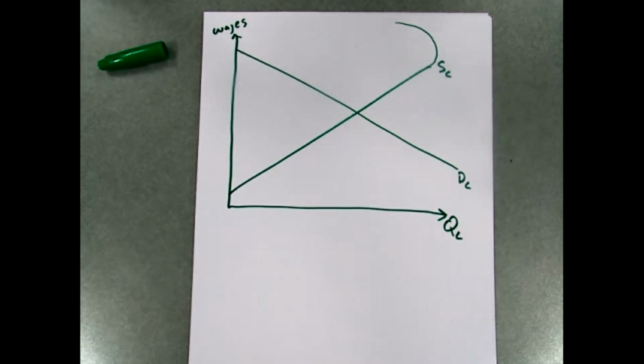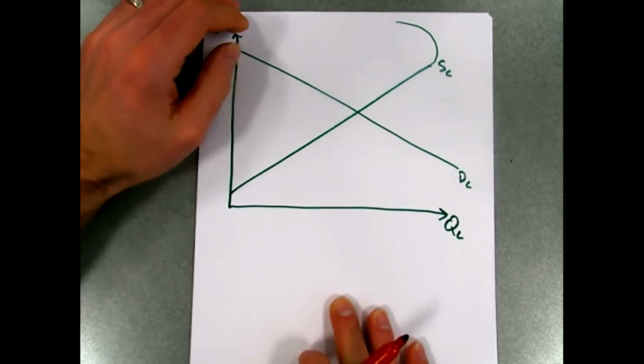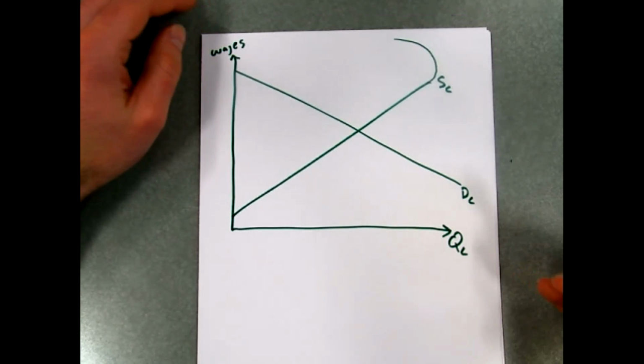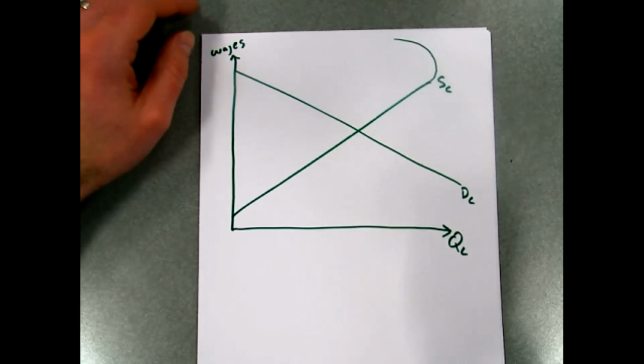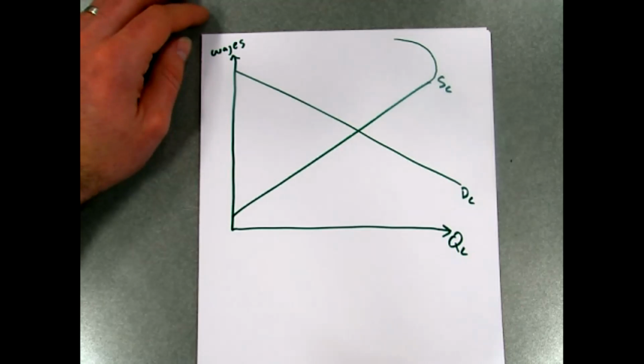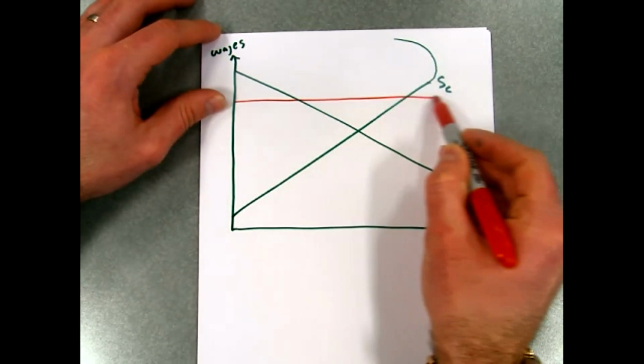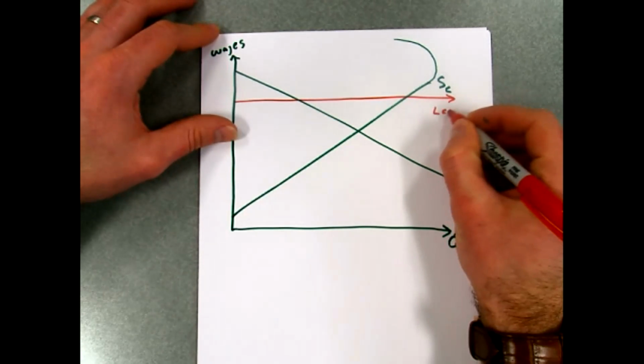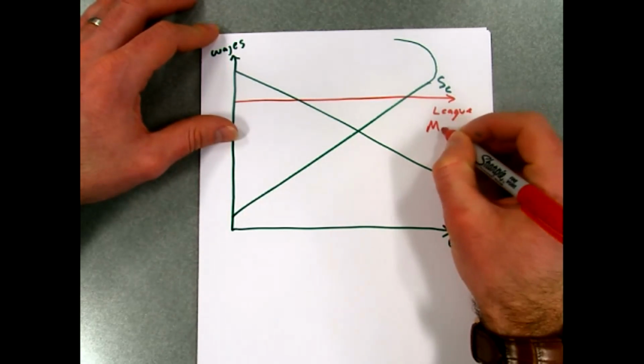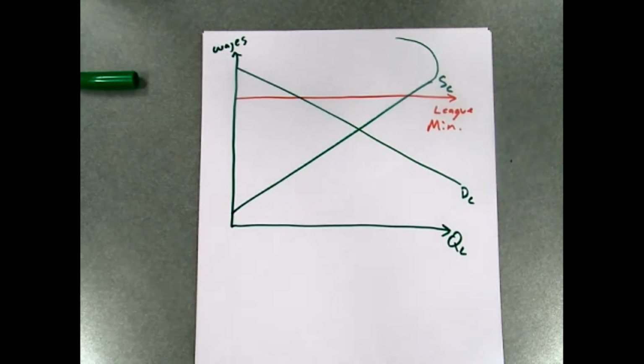But what happens if the league comes in and says, okay, we're going to set a price floor? A price floor in the labor market means you can't pay somebody less than this amount. It's like a minimum wage, right? But instead of a minimum wage here, we typically see this instituted as league minimums. We say you can't pay a player less than this if they're going to be in the NBA or the NFL or whatever it is, right?